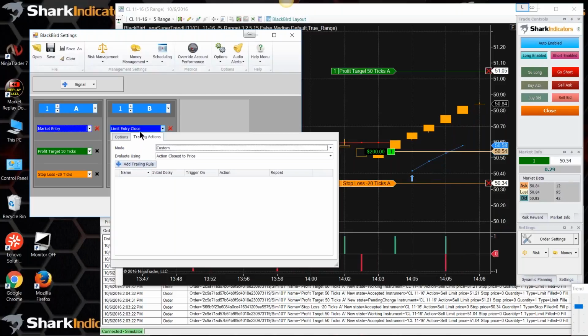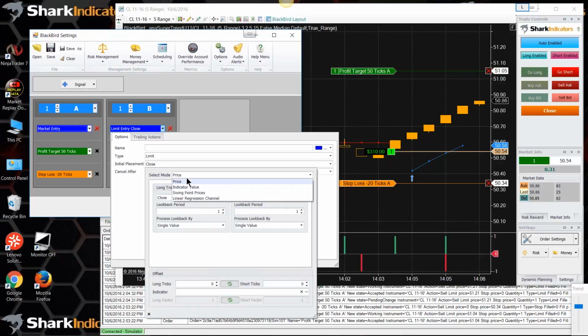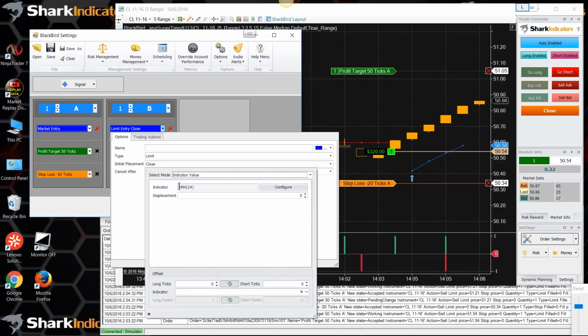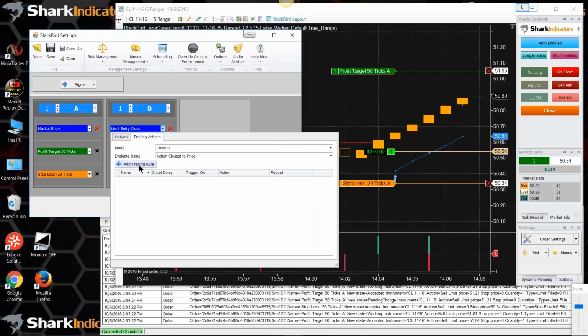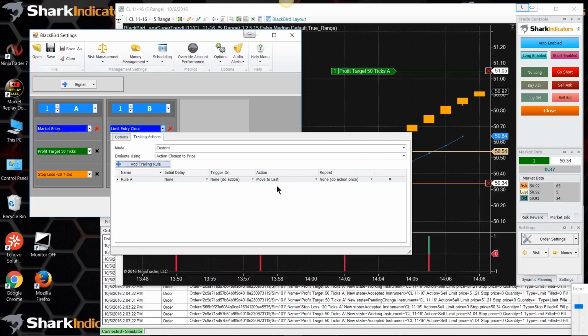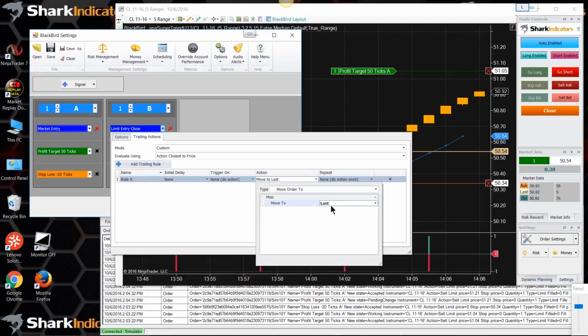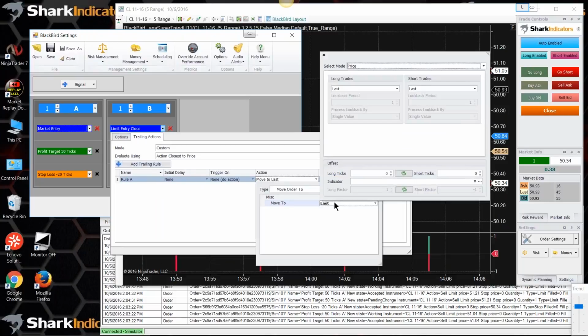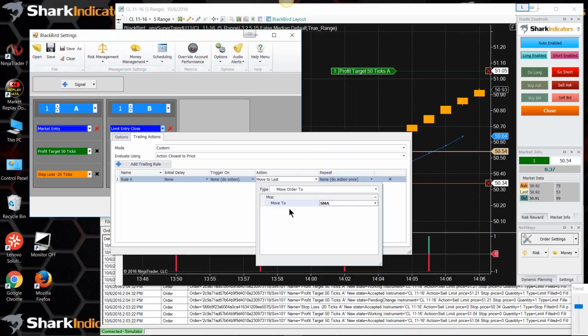So I guess, just something real simple for a limit order, we could set our limit order to the SMA 14, right? We'll set it to that moving average, and then we could set up a trailing rule that moves our limit order to the SMA 14, right?